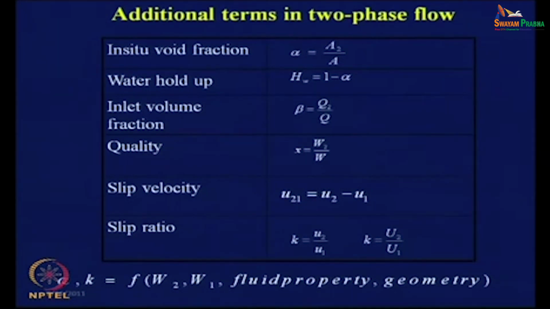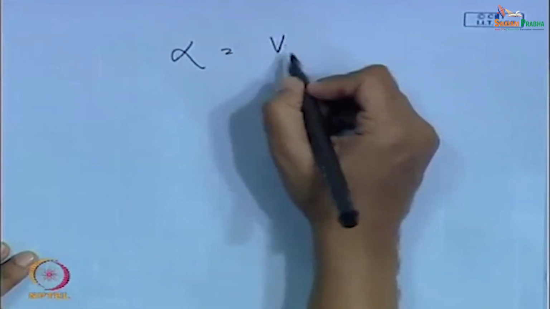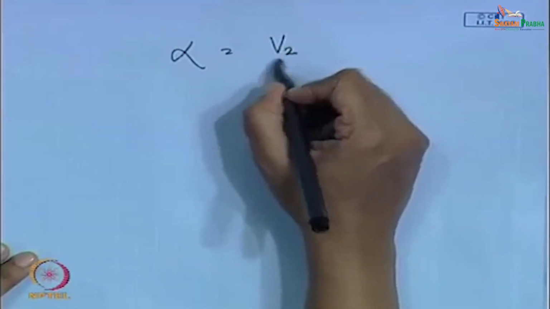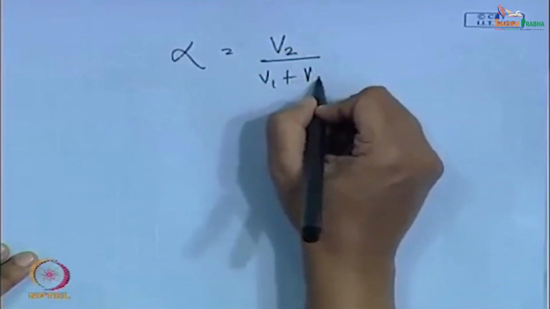So, in any particular way we can define it, but the actual definition of alpha is the volume occupied by the lighter phase, or the volume fraction which is occupied by the lighter phase, it can be given as V2 by V1 plus V2.